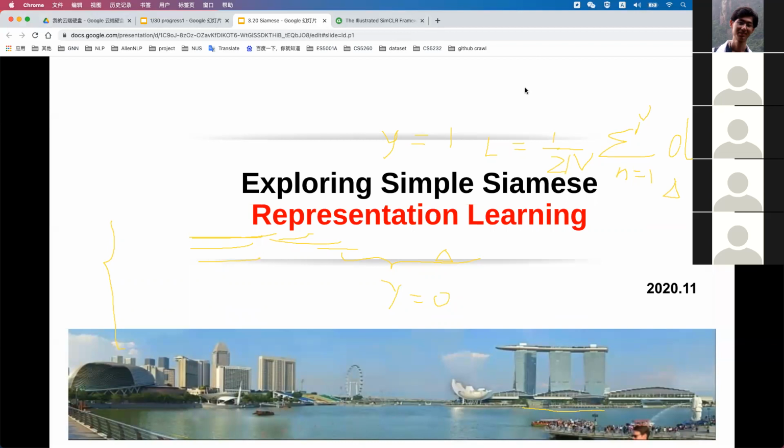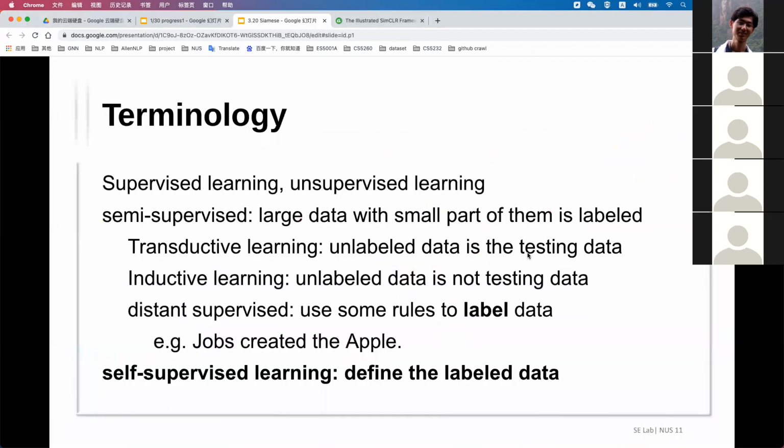Now we have a brief understanding of the Siamese network. We also need an understanding of what representation learning is. Ruofan just mentioned self-supervised learning. It is a bit difficult to clarify the different terminology. We are very familiar with supervised learning and unsupervised learning.